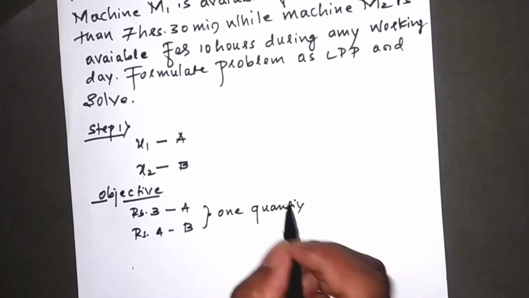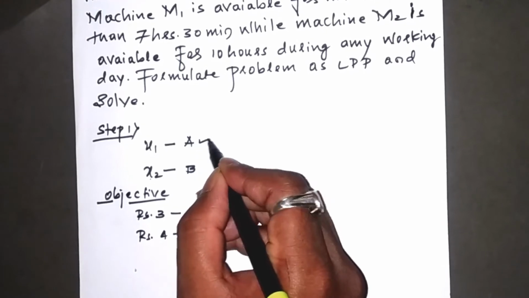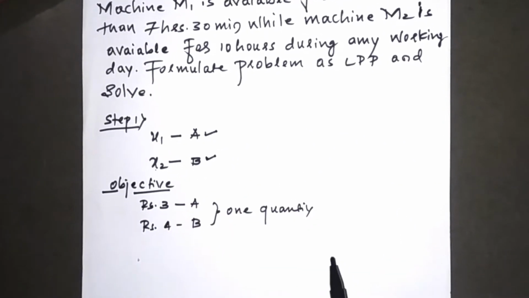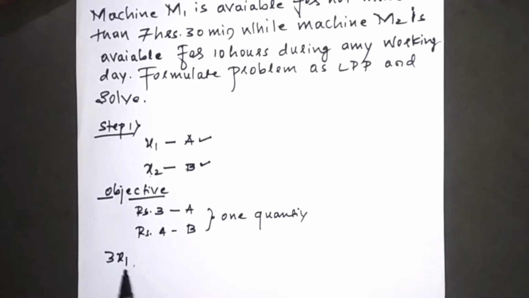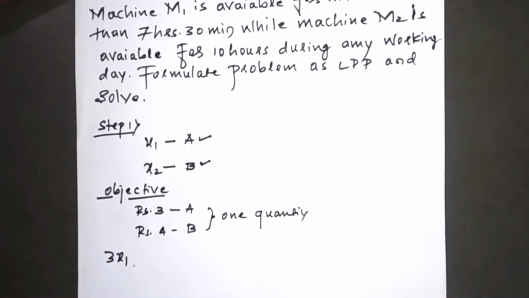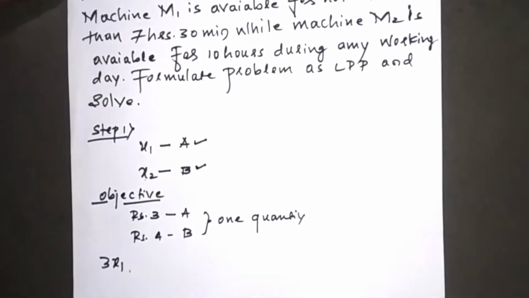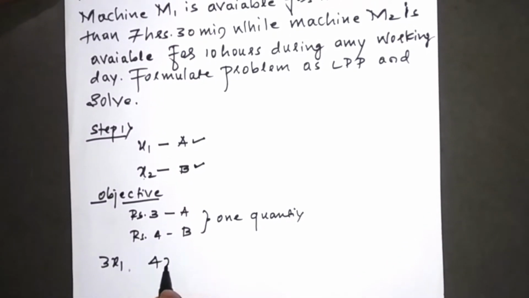Now in the decision variables I said I'm going to manufacture X1 number of A and X2 number of B. So if I sell X1 number of A, the profit from A is 3X1. Similarly, if I sell X2 number of B, my total profit will be 4X2.